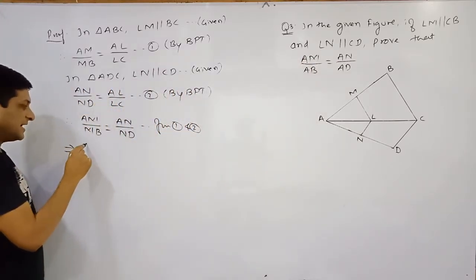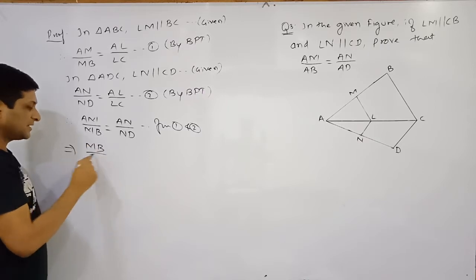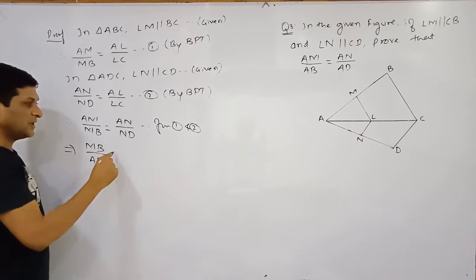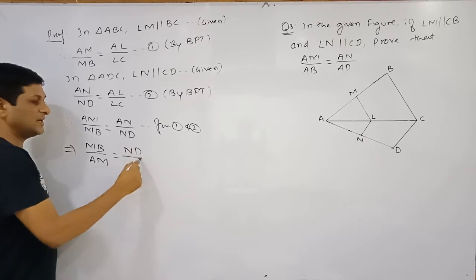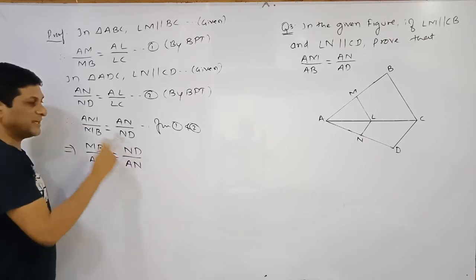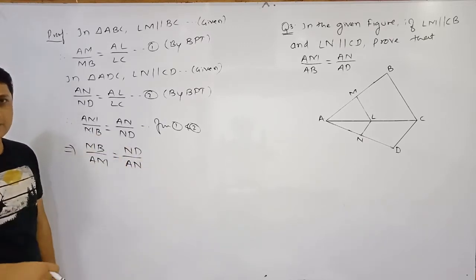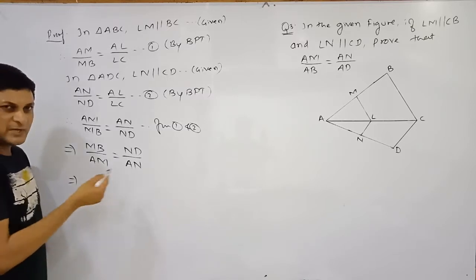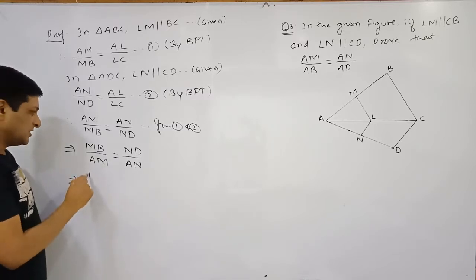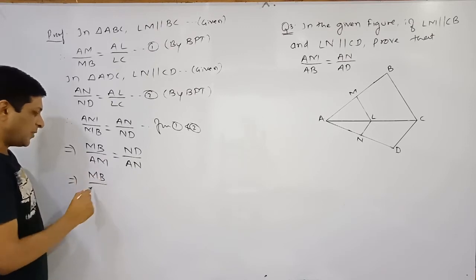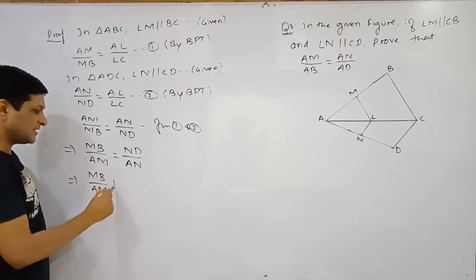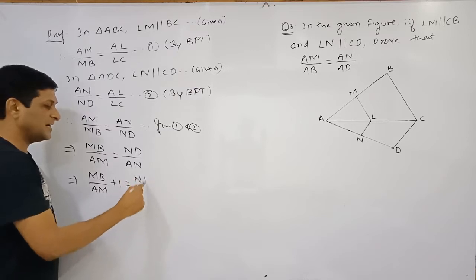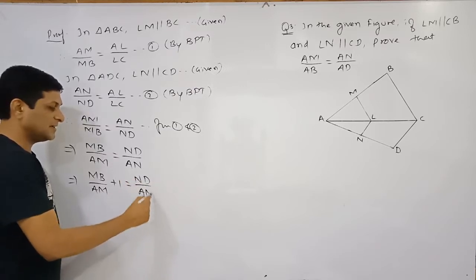So this implies that MB upon AM is equal to ND upon AN. If two ratios are equal, then definitely their reciprocals are also what? Equal. So this implies that just simply we are adding 1 on both sides. So here MB upon AM plus 1 will be equal to ND upon AN plus 1.